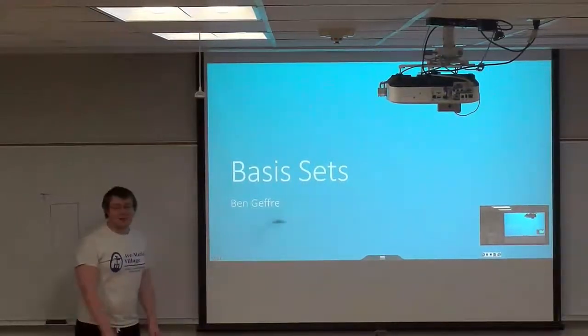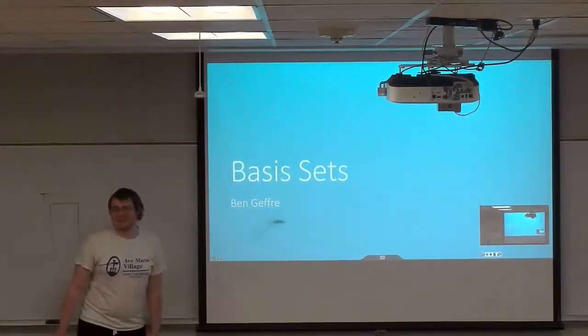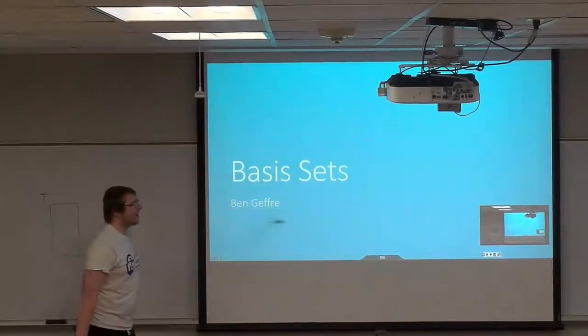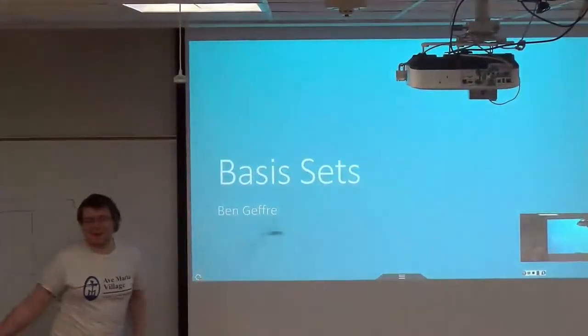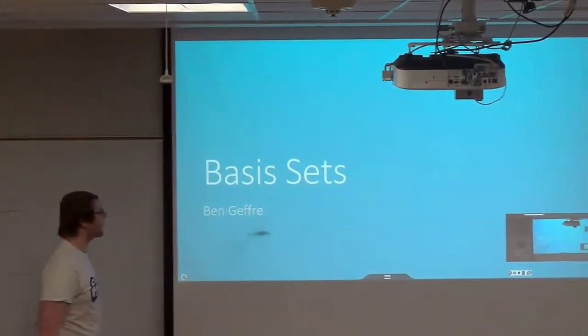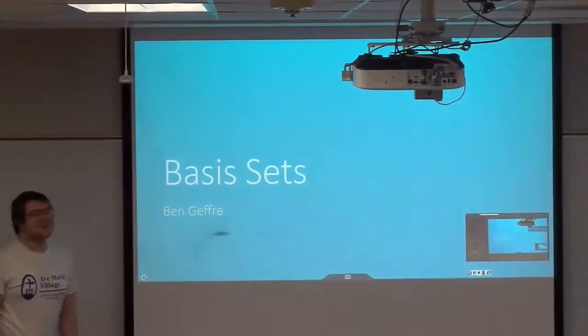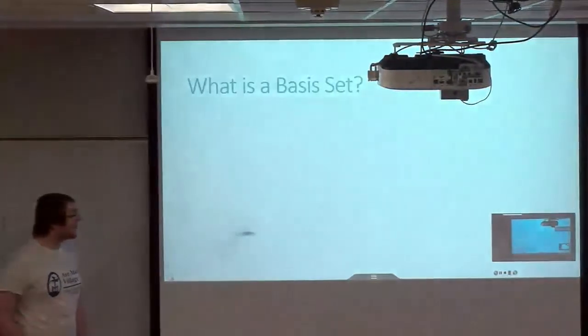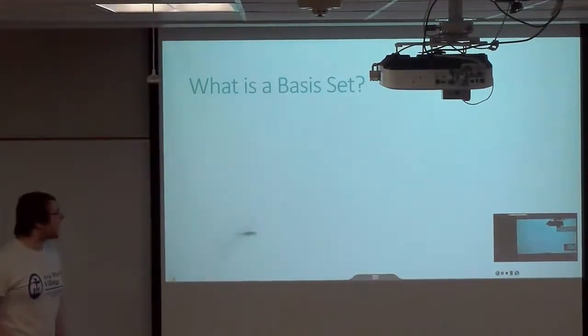Hello, so we're going to be talking about basis sets, and as with most of the subjects in this class, you could probably do a thesis paper on it, but this is no thesis paper. This is going to be a 3 to 5 minute presentation. So, what is a basis set?